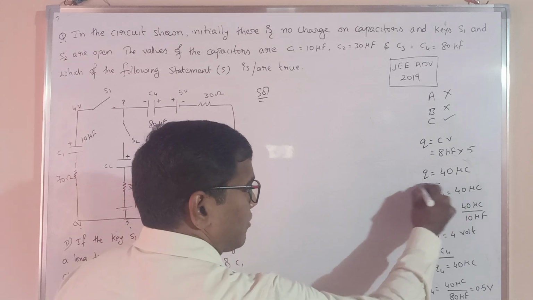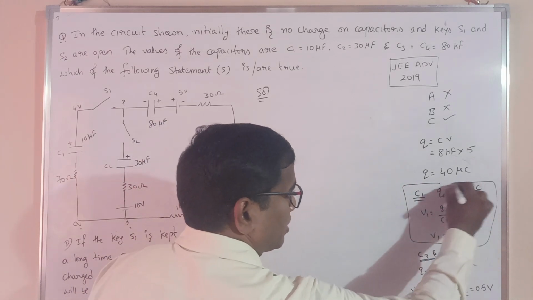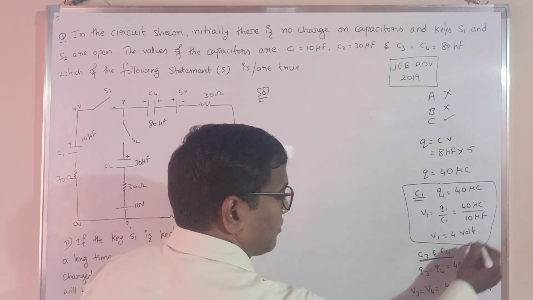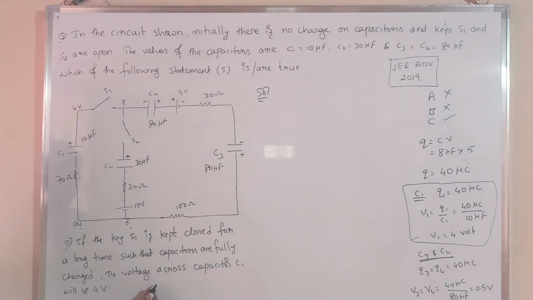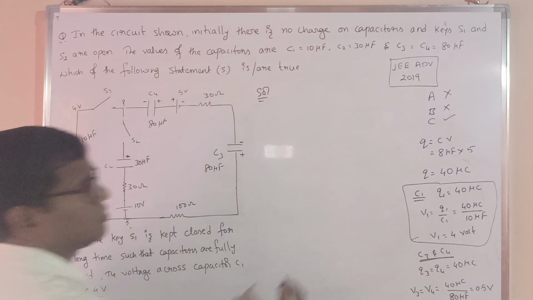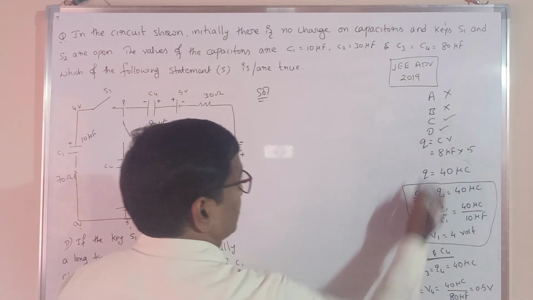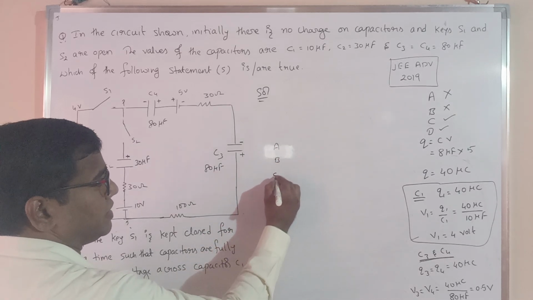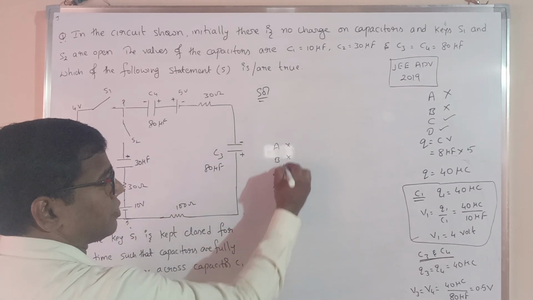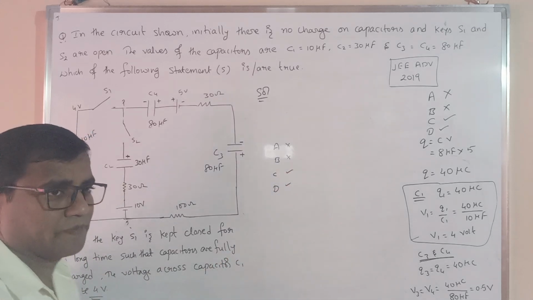In the first option itself, we got the potential across the capacitor C1 is 4 volt. It is given in the last option, 4 volt. So option D is also correct. So for this question, A and B are wrong and C, D are correct.